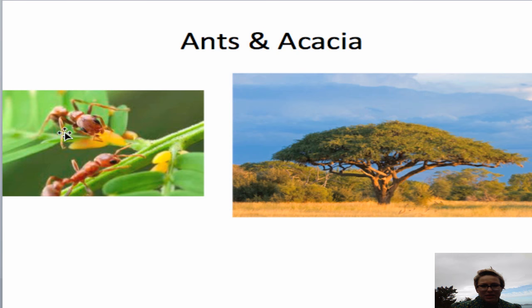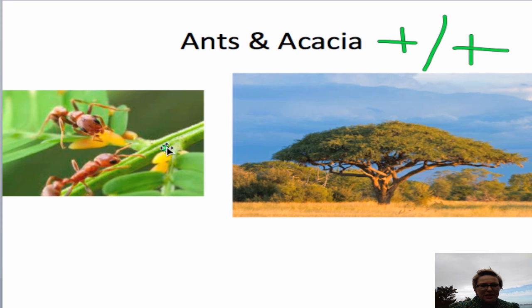Another example of mutualism is the ants and the acacia. Acacia is a tree found in the savanna in Africa, which is where it's from, and there are also some species in Australia. This is a plus-plus relationship. The ants feed on yummy sugar produced by the acacia tree.